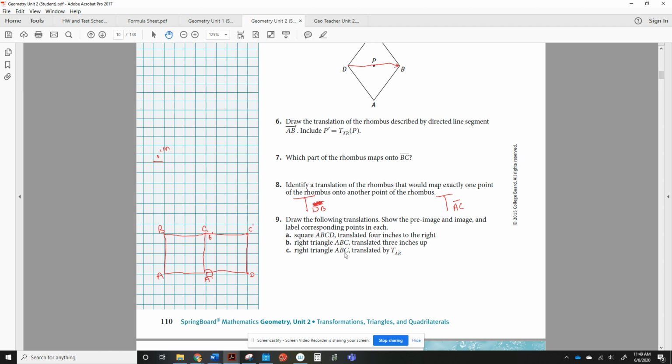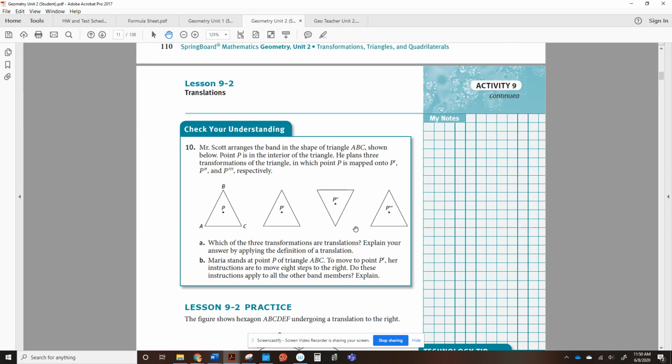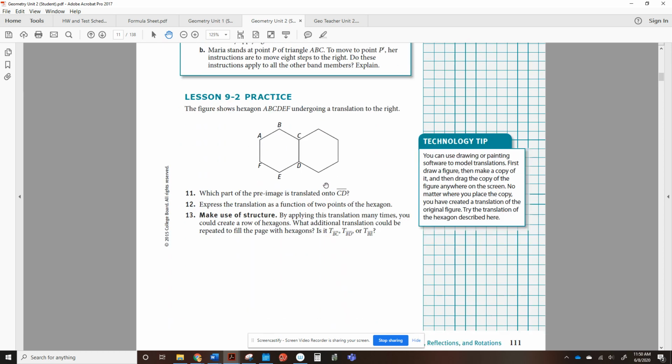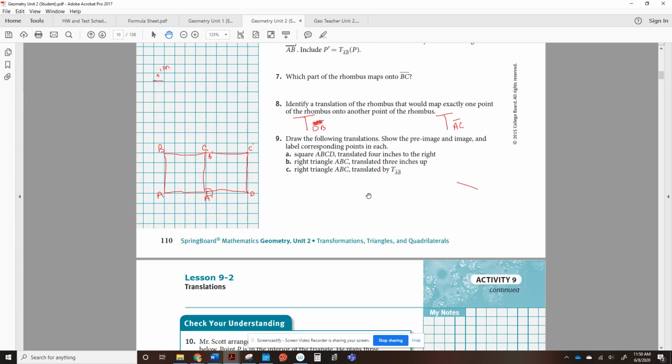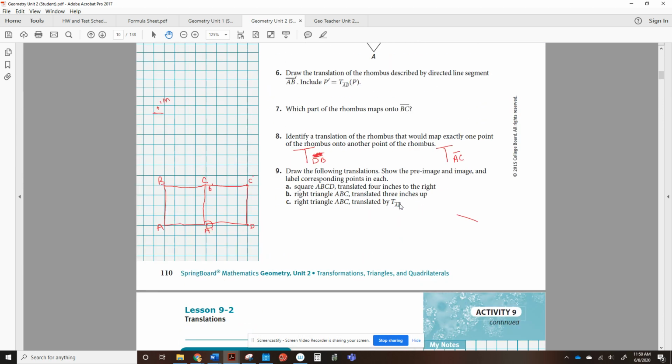I will let you do B for sure. And then I'm going to do C real quick. And then I think that's all. Yeah, you do the check your understanding, and I will do one last video to show the answers. So let me do this one real quick. A right triangle ABC, and translate it along the line segment AB.